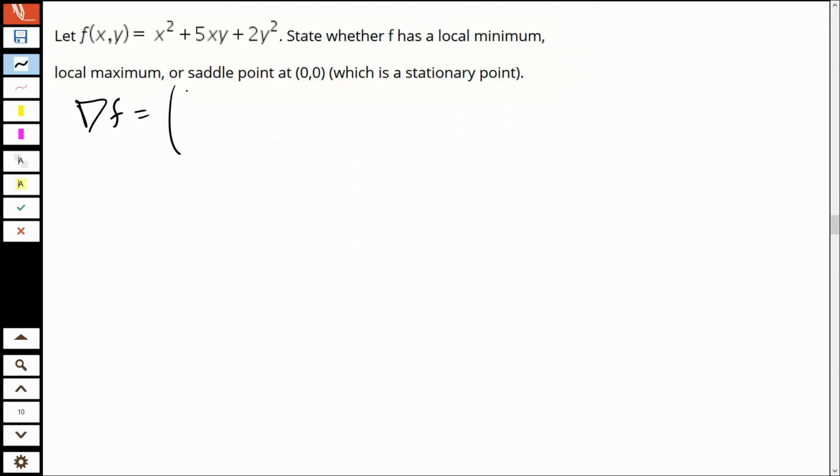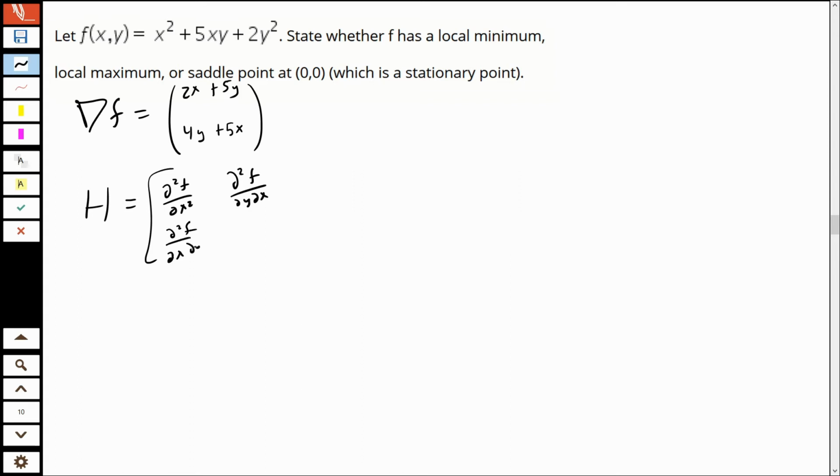Okay, so this is going to be 2x plus 5y, and then the gradient of this is going to be 4y plus 5x. Okay, so the Hessian matrix, this is going to be d squared f dx squared, d squared f dy dx, d squared f dx dy.